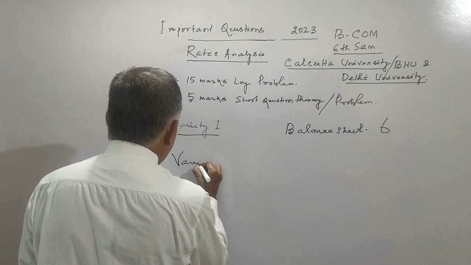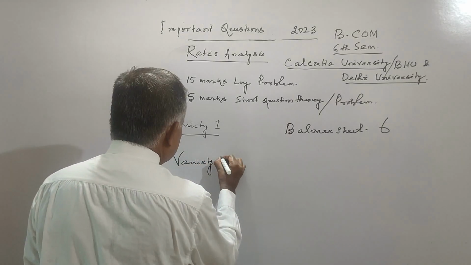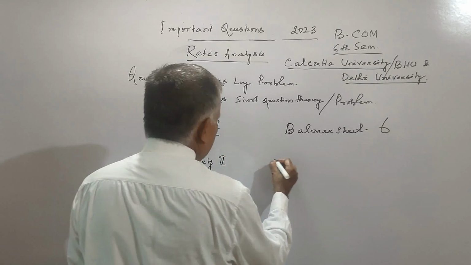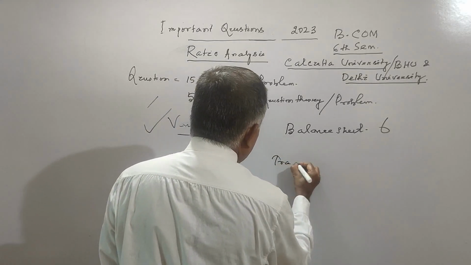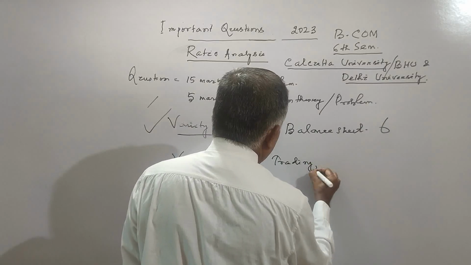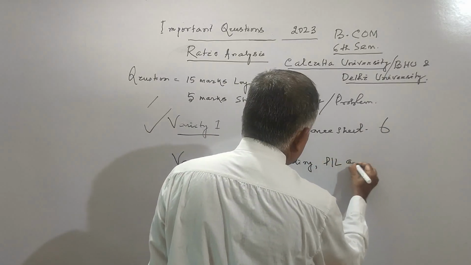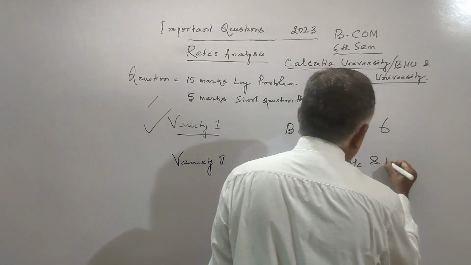Variety 2: they will ask you to prepare the trading, profit and loss account and balance sheet.